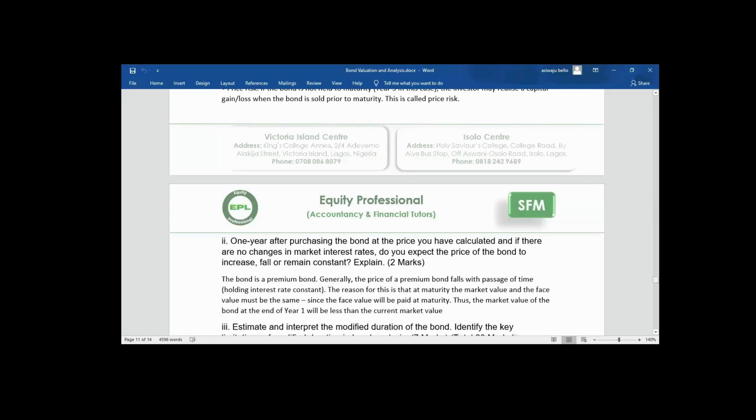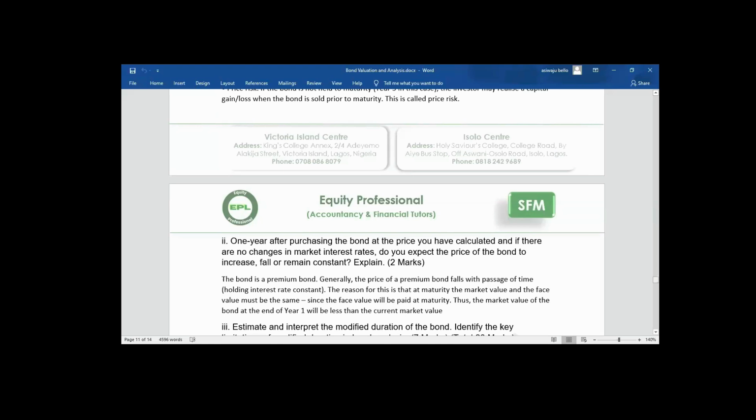One year after, if there are no changes in market interest rate, do you expect the price of the bond to rise or to fall, or remain constant?